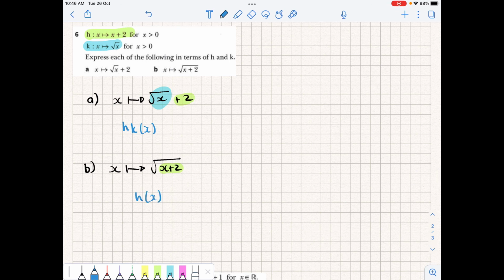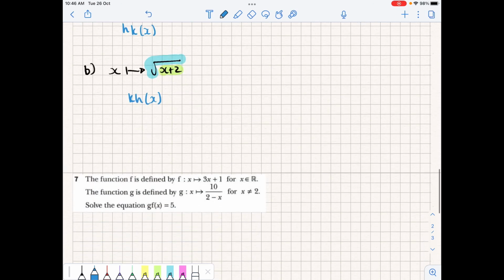And after we're doing that, we're taking the square root of all of that. And once again, the function that does that is k of x. K of x is the square root of the answer. And so in order to express this in terms of h and k, it would be k h of x.